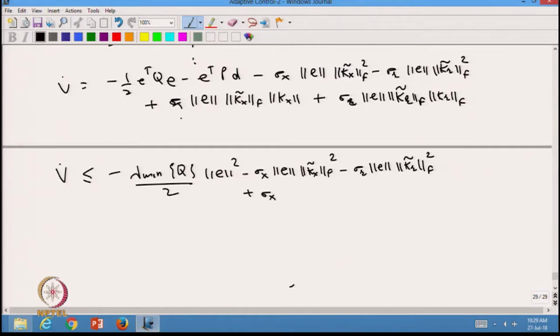One is associated with sigma x or kx, and the other one is associated with kr. And of course, we have the disturbance term as well.